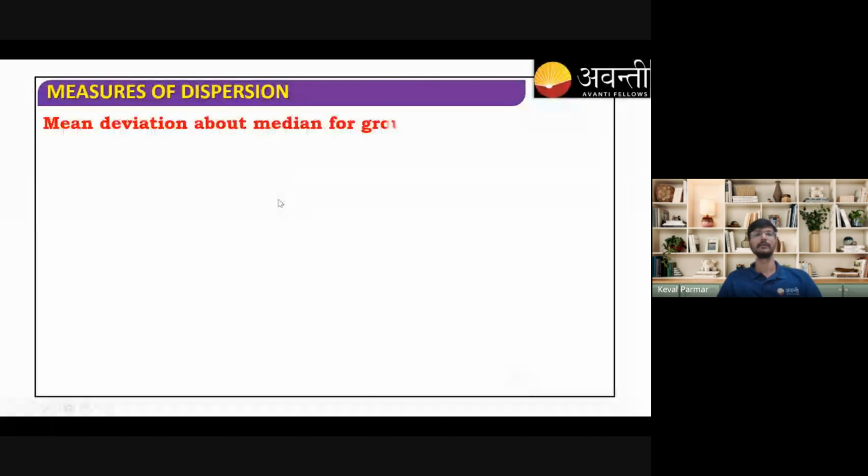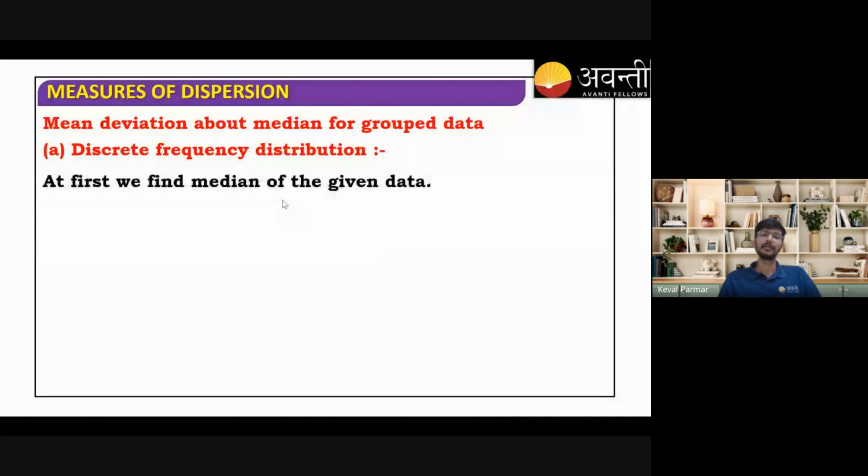Mean deviation about median, discrete and continuous. So first, we'll talk about discrete. Now, let me tell you one interesting thing about statistics.